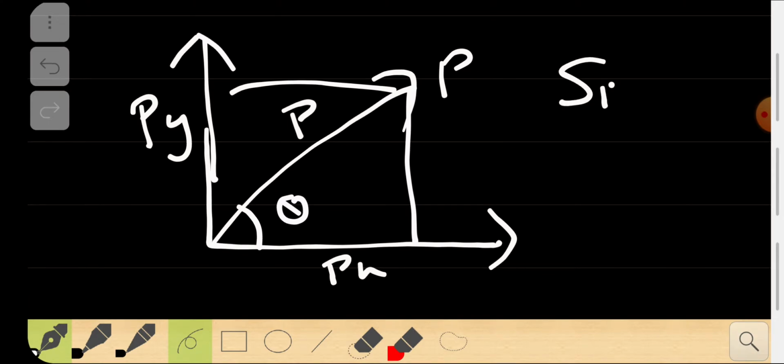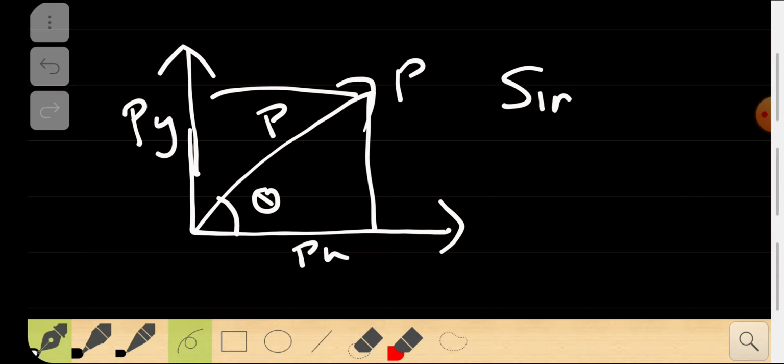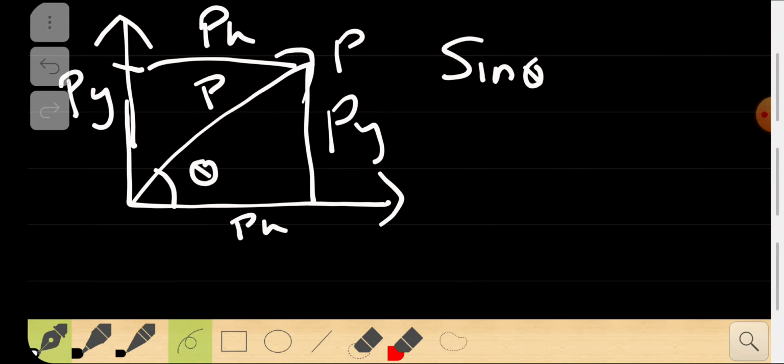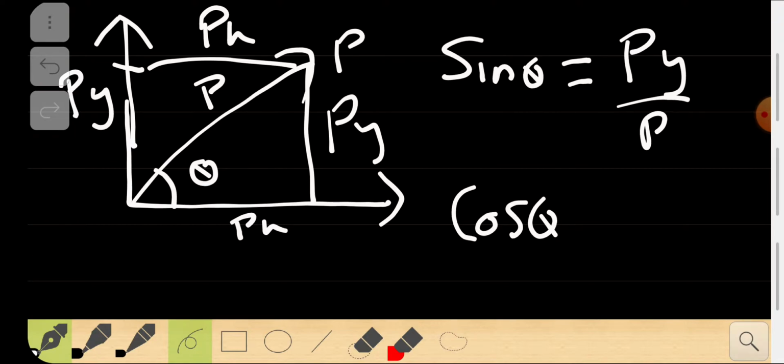Py here will also be py, and px will also be px here, since these are parallel lines, so they are equal. So sine theta will be opposite by hypotenuse, which is Py by the magnitude of P. And cos theta will similarly be adjacent by hypotenuse, which is Px by P.